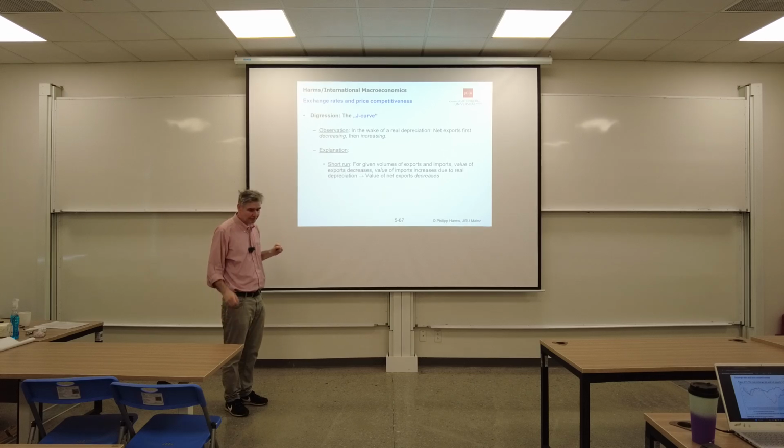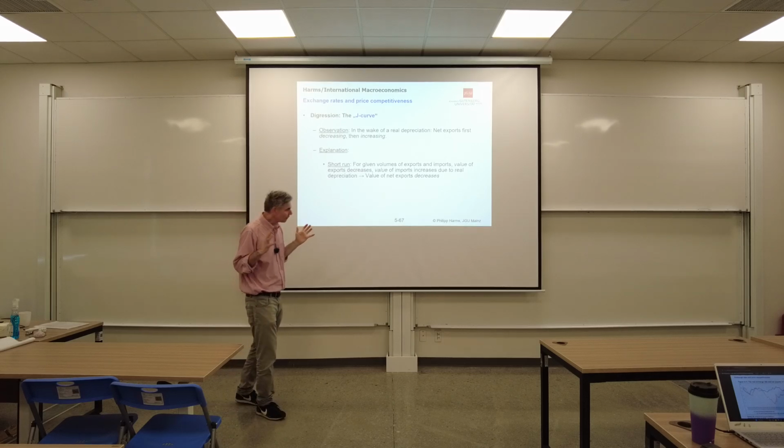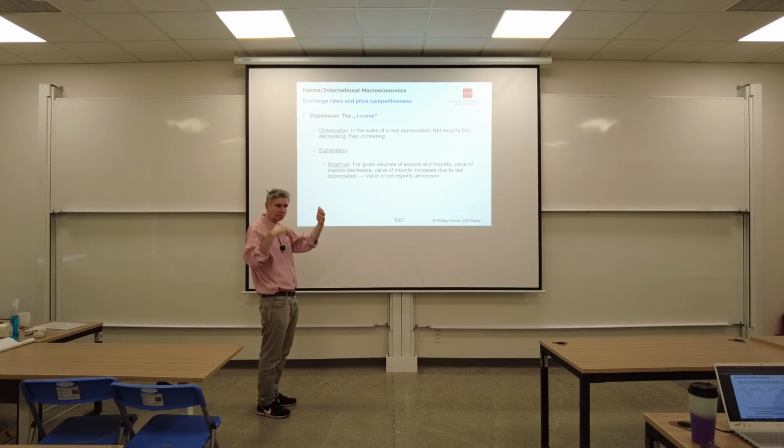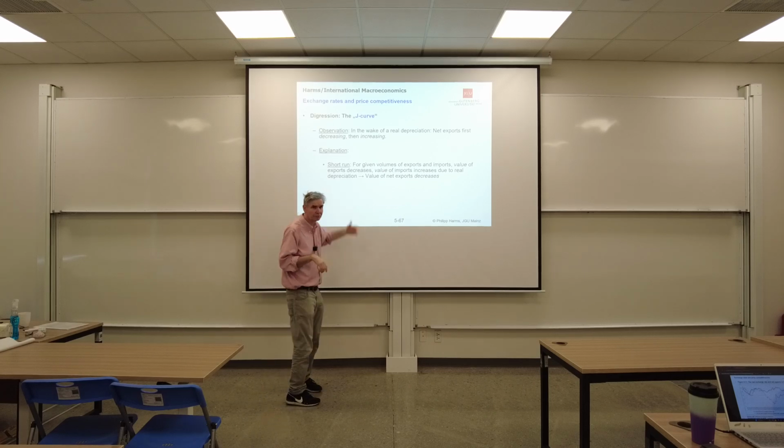So that means that for given volumes of exports and imports, the value of exports decreases and the value of imports increases because the imports become more expensive relative to the exports. The quantities don't change because people in the short run do not react. And so all you see in the data is that the value of imports increases relative to the value of exports, and so net exports go down. So that's the short run reaction.